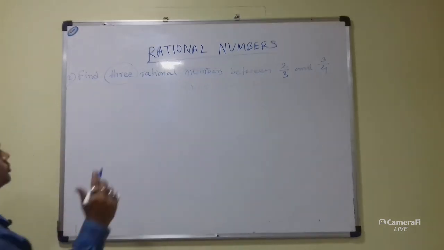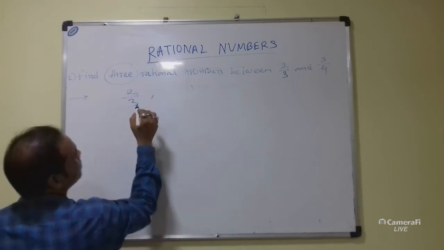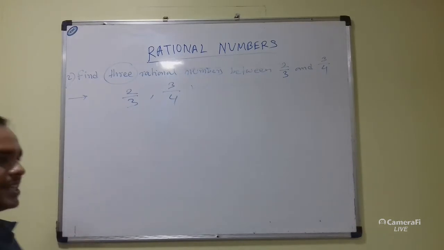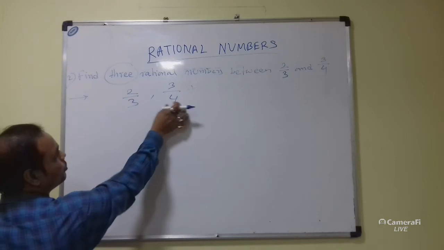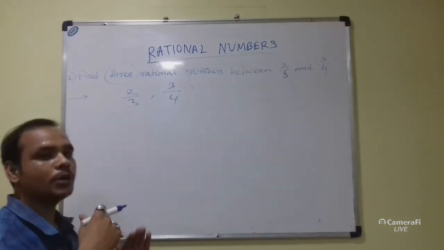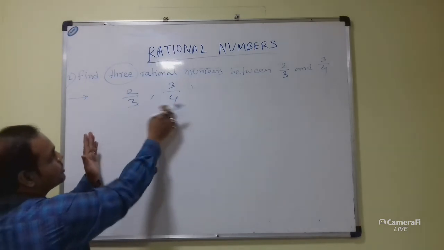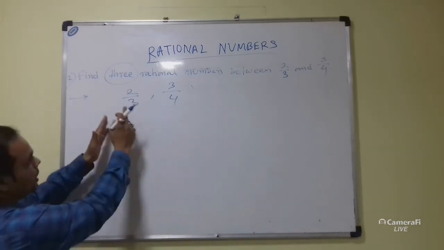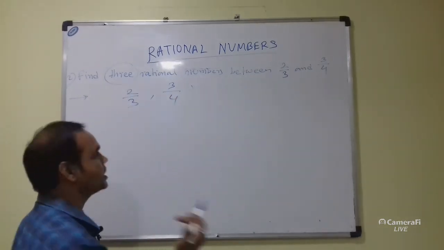For this one, at first we have to write the two given rational numbers 2 by 3 and 3 by 4. The first process is, students, we have to convert both the denominators into a same denominator. So if we multiply 3 with 4 and 4 with 3, then the denominator will be same.